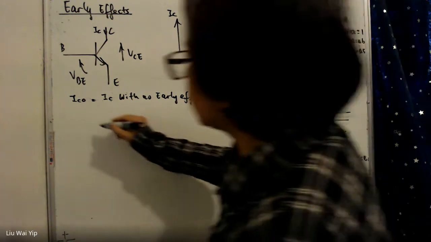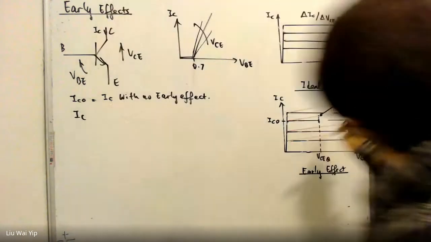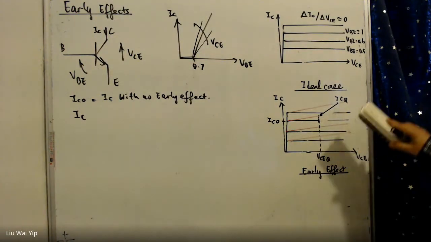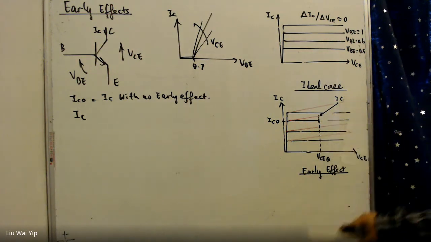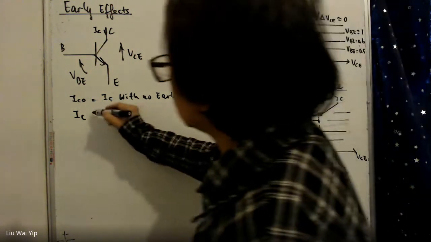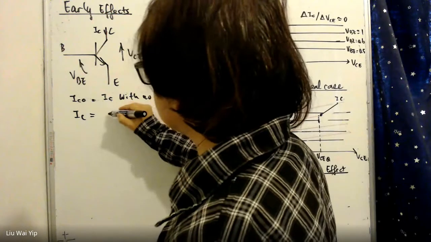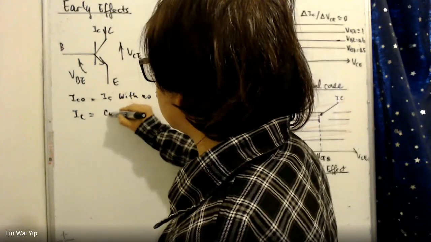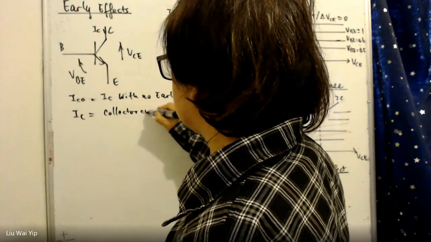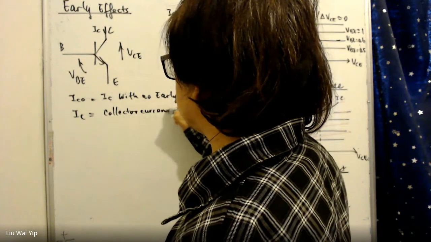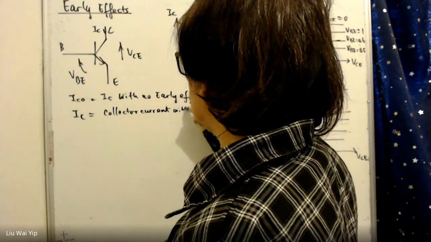And IC, I'm not going to call this ICQ because it is getting more confusing now. Let's call it IC. And IC is the collector current with Early effect.